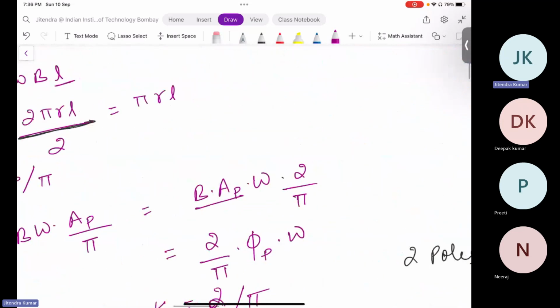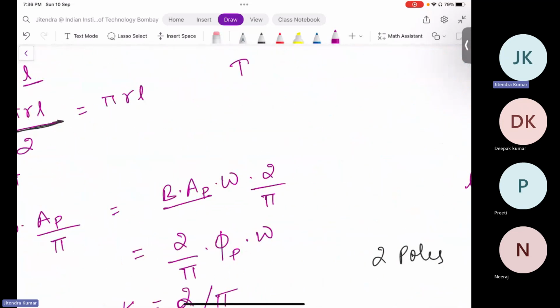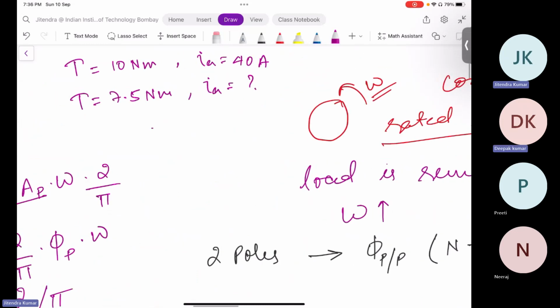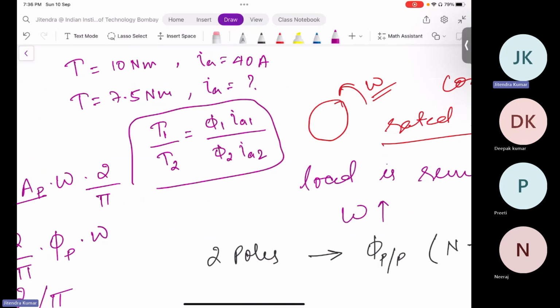When torque was 10 Newton meter, current was 40 ampere. Now the torque is 10.5 Newton meter, current I don't know. I know T1 by T2 is equal to phi 1 into IA1 by phi 2 into IA2. Let's find this ratio. This ratio is very useful. You have to apply it everywhere. If you know one case, you have to derive the other case by applying this ratio.